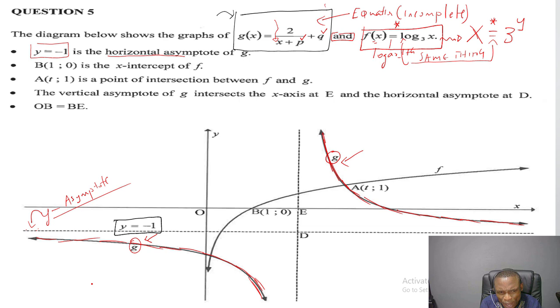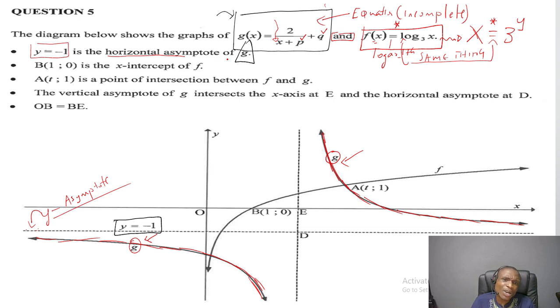Is it the asymptote of the hyperbola? Is it the asymptote of the exponential? Here, if we look at our first bullet, they are saying y equals negative 1 is the horizontal asymptote of g. So this is giving clearly that this asymptote is the asymptote of the function g. So y equals negative 1 is the asymptote of the function g.